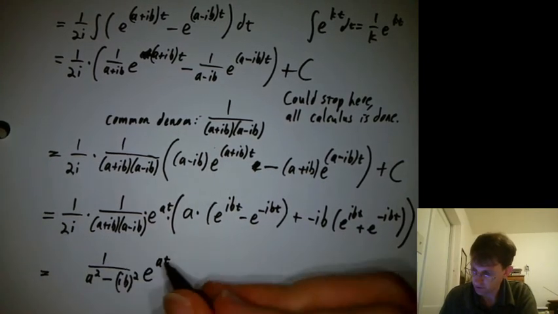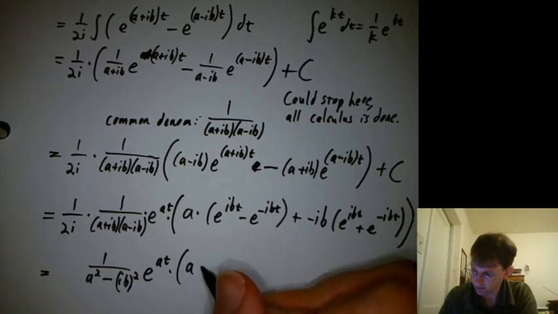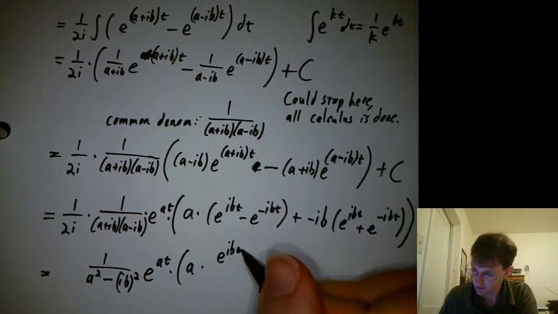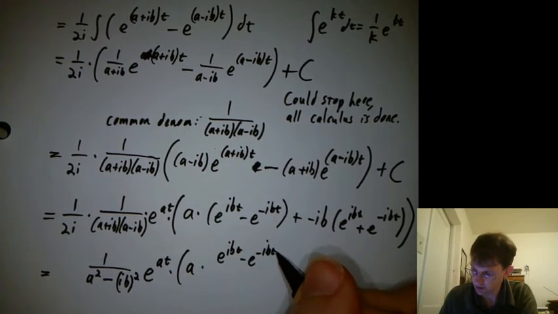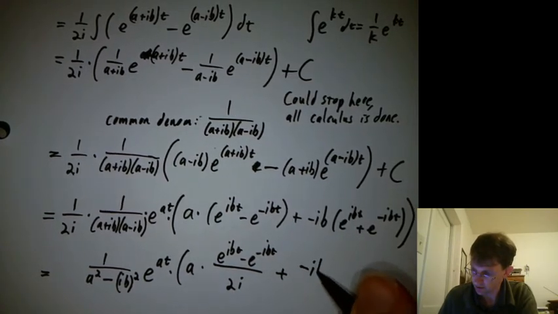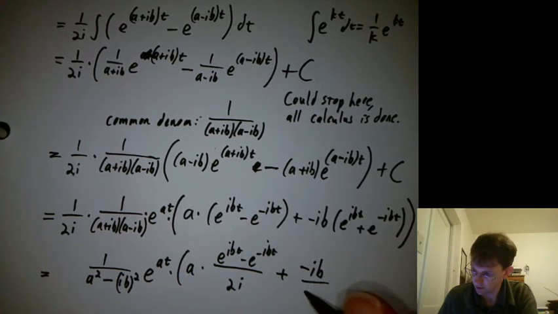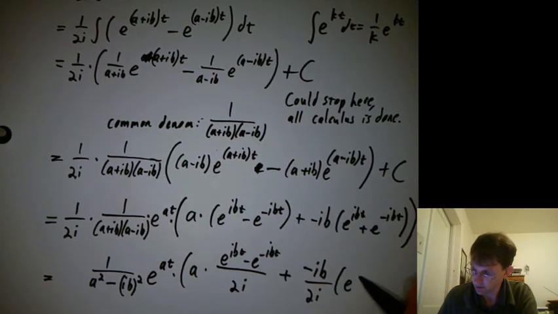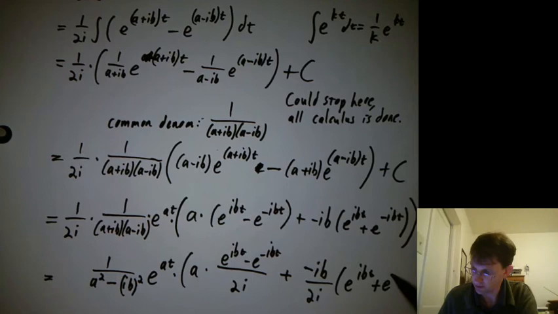Let's bring this 1 over 2i in. We'll have e to the ibt minus e to the minus ibt divided by 2i, and we'll have minus ib over 2i e to the ibt plus e to the minus ibt, like that.